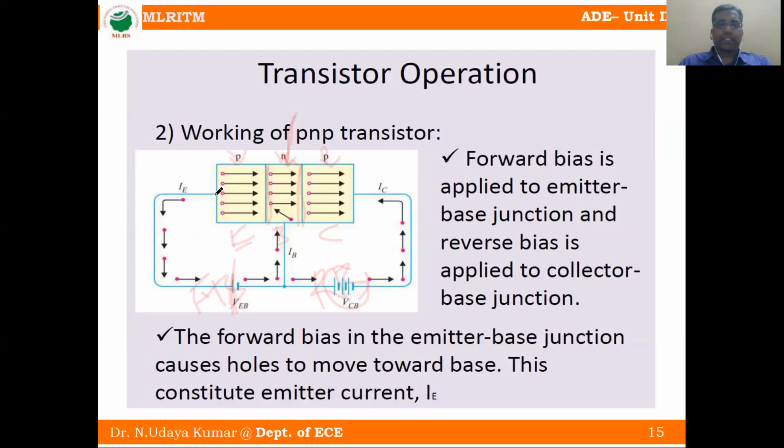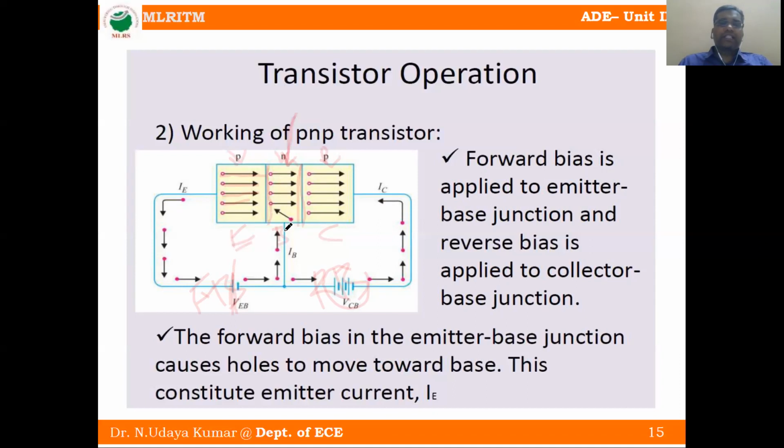Positive means it repels. Repels means these holes move towards the base. See, the emitter is heavily doped, meaning more holes are available in the emitter region. So here N-type.